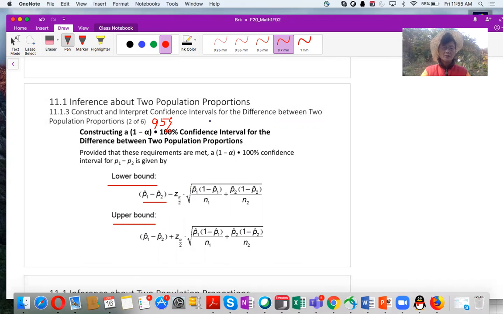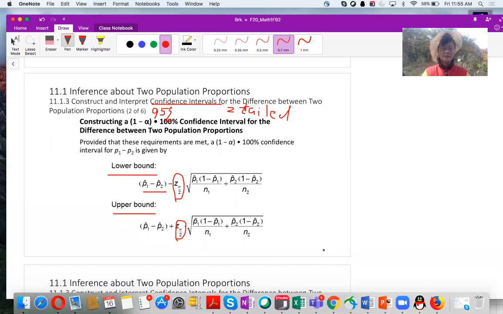And the confidence interval only applies for a two-tailed test. If you just have one tail, you cannot use a confidence interval to do the test because the critical value here uses z half alpha. Half alpha means it is a two-tailed test.